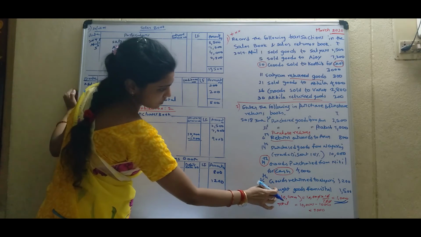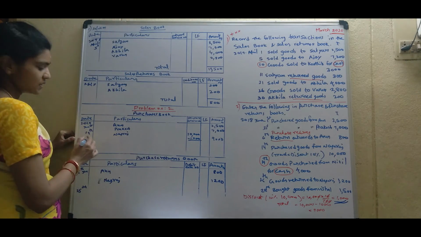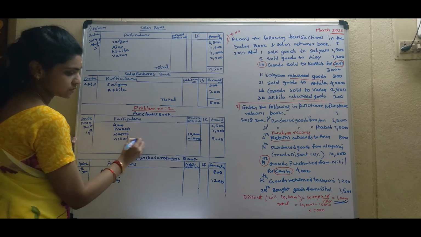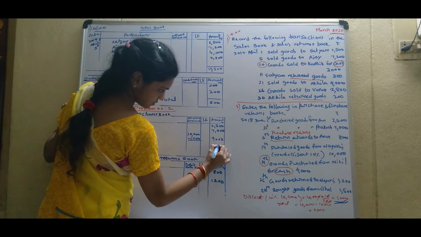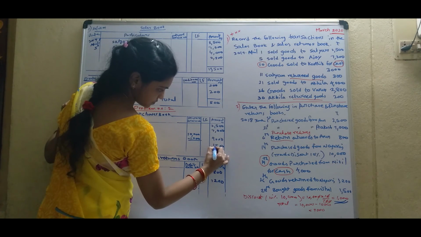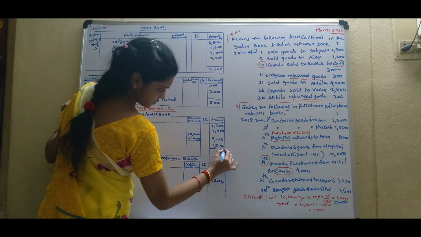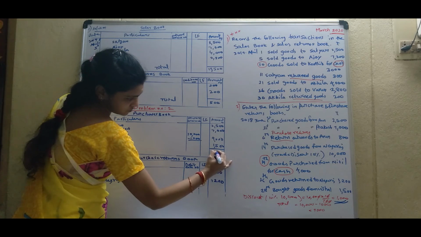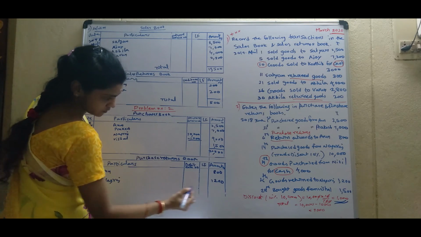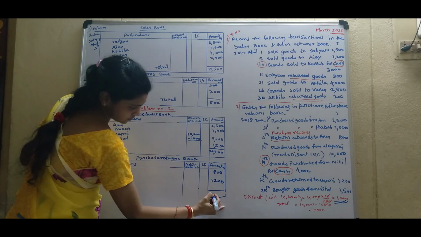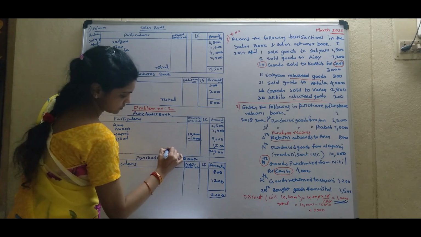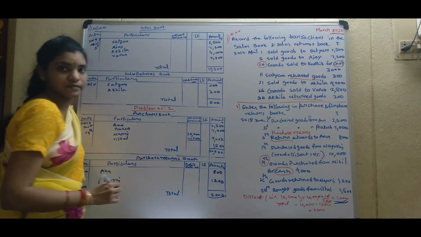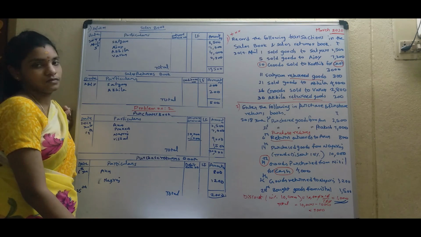And coming to the next one, bought goods from Vishal. Means again purchases. Vishal. What's the amount? 1,500. What's the total? Okay, clear? Any doubts? Okay.